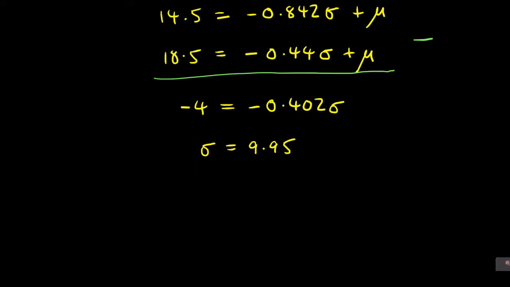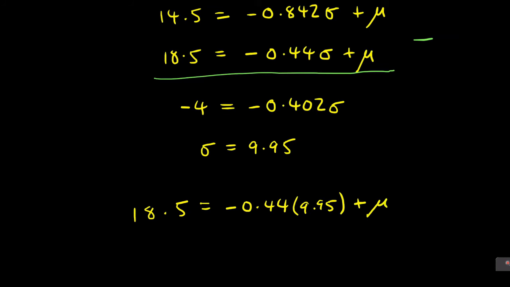So now that I've got sigma, I can just substitute in to find mu. I'll use 18.5, the other one. So 18.5 is equal to minus 0.44 times 9.95, which we just calculated, plus mu.